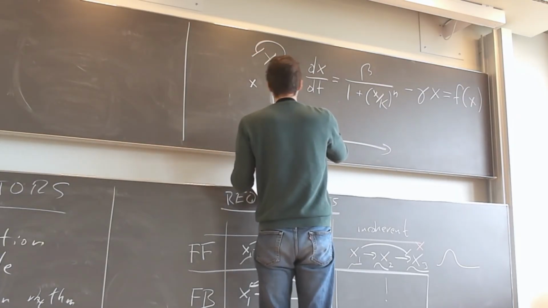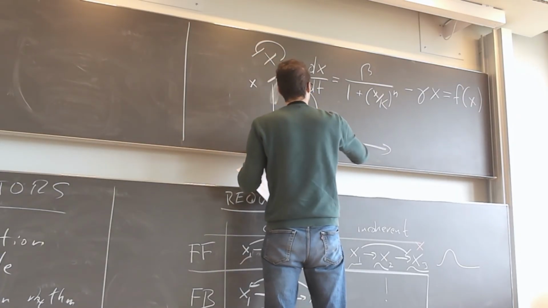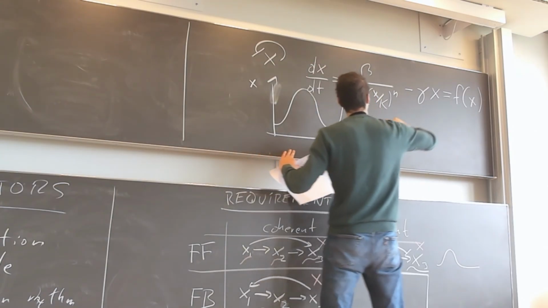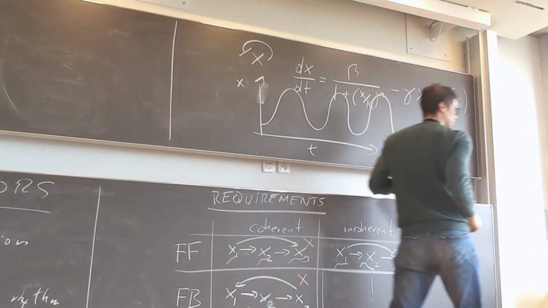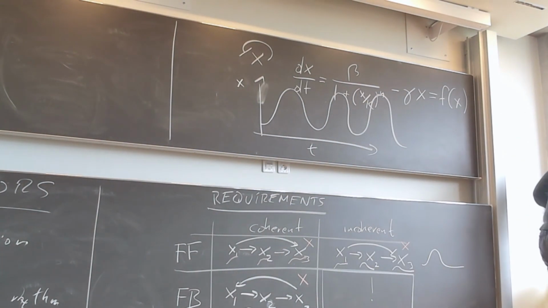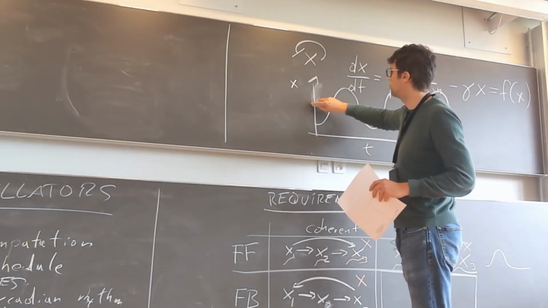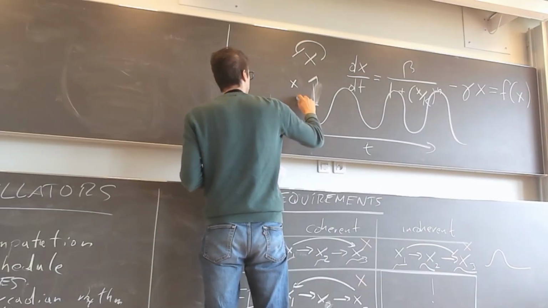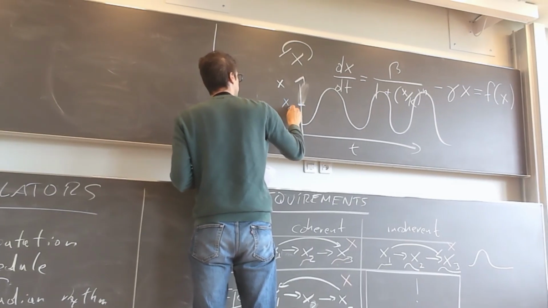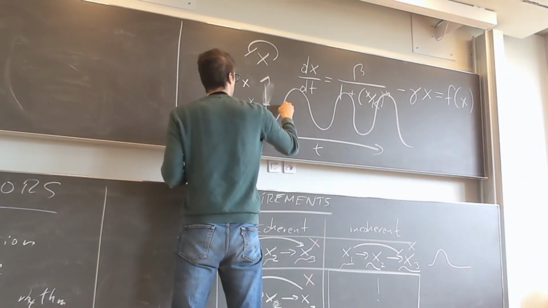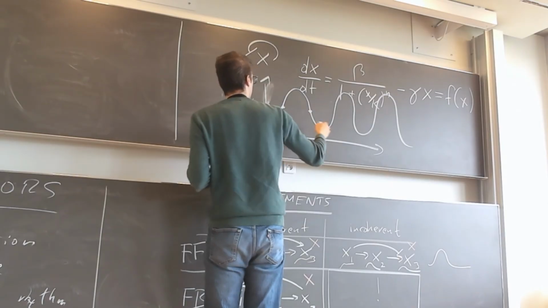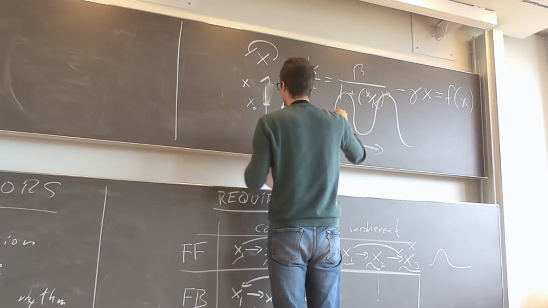And let's say you are able to produce some periodic pattern here. Let's say it was possible. Then you can pick any intermediate point here, let's say x0, and look at these points here. They all have the same x. Let's call it x0.